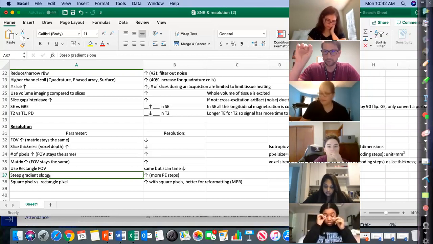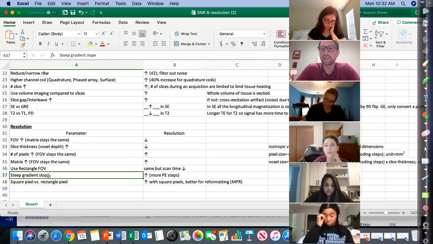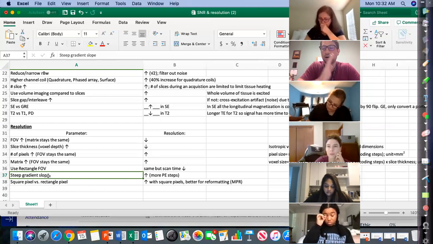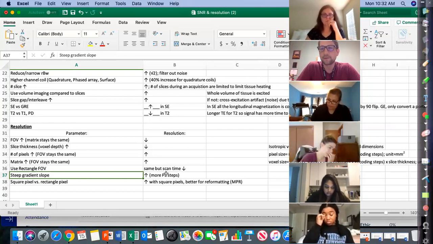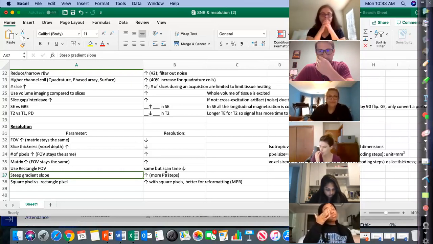A steep slope gradient is going to create more phase encoding steps because we're going to get a quicker change in magnetic field strength along that gradient. So as we increase the phase encoding steps, phase encoding is one dimension of your pixel size, you're going to get smaller pixels. So you're going to get better resolution.